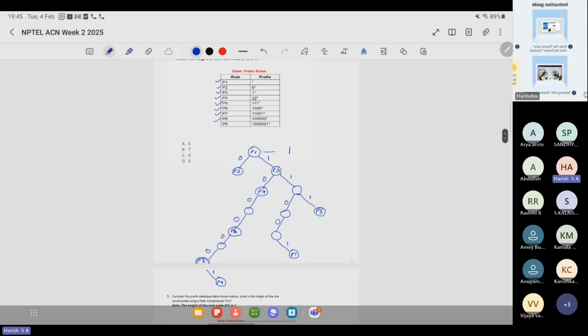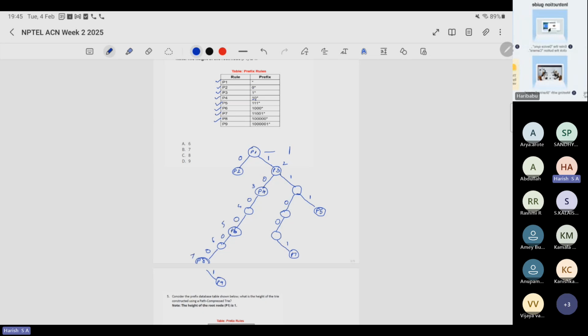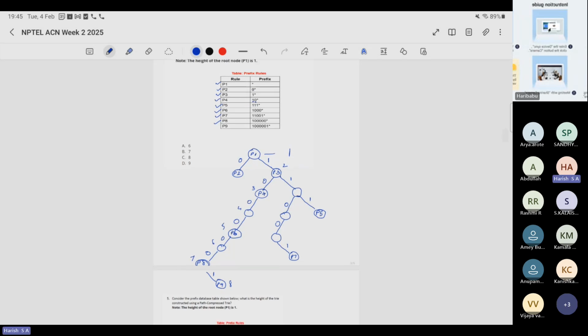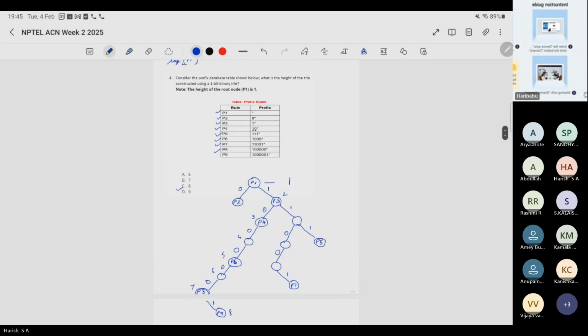So from here, if you calculate the number of hops, this is 1, 2, 3, 4, 5, 6, 7, and 8. This is the longest prefix here. So the answer is 8. That's it.